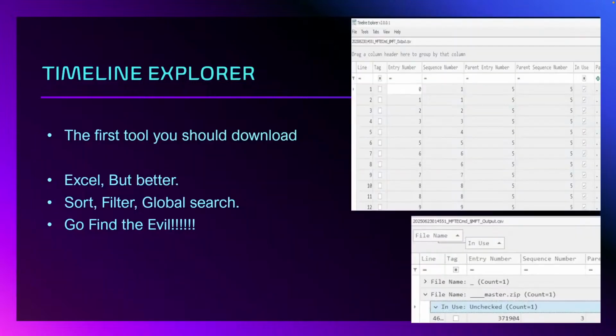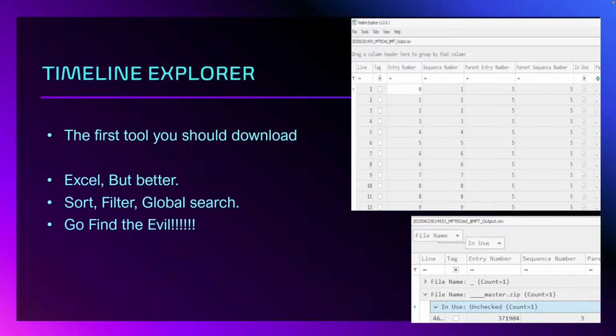That brings us to Timeline Explorer. Timeline Explorer is how we're going to view all of this. It is literally an Excel tool, but way better. You can't edit, but you can manipulate and move things, globally search the data, and make things stand out and look more vibrant.